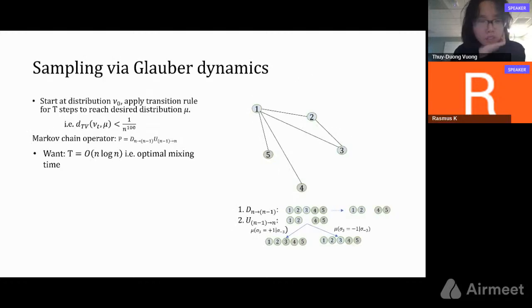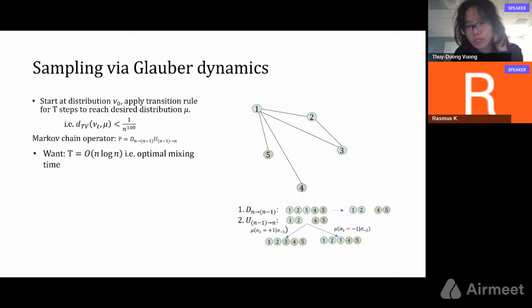Okay, so to sample from the Ising model, one very popular tool is called the Markov chain Monte Carlo method. The idea is to iterate some probabilities, starting from some given configuration, and this process is called a Markov chain.